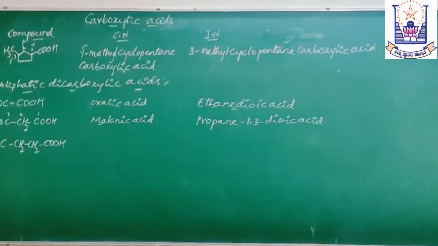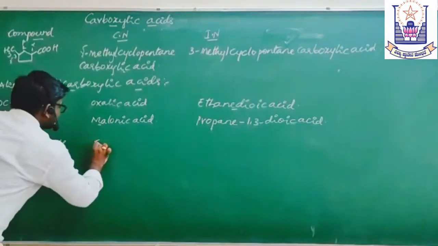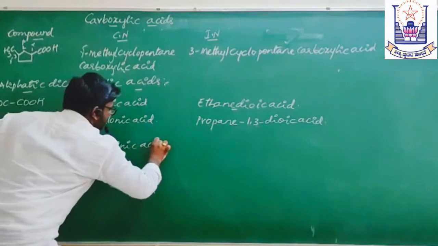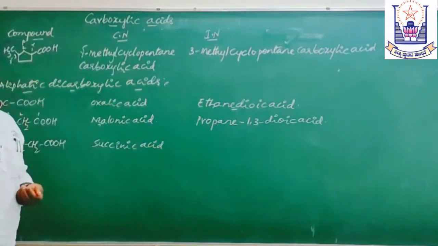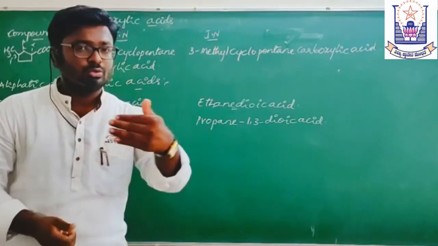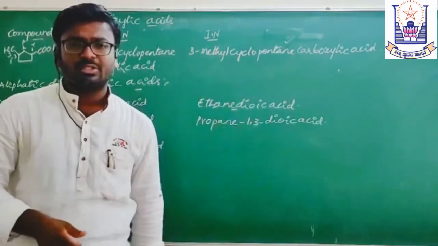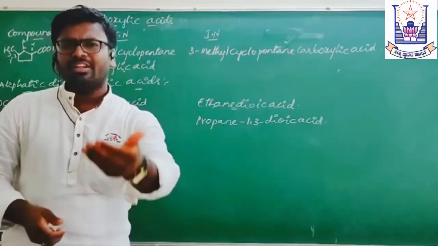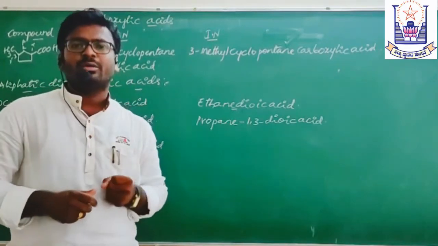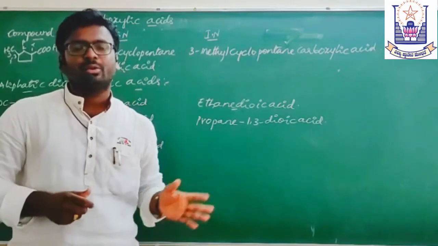What is the name of this compound? It is called succinic acid. See how I have remembered the common names? Due to more practice, due to some clues. I will disclose that clue on how to remember the aliphatic dicarboxylic acids easily.